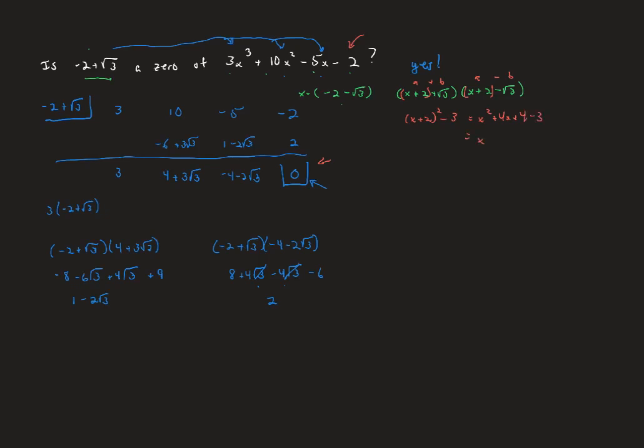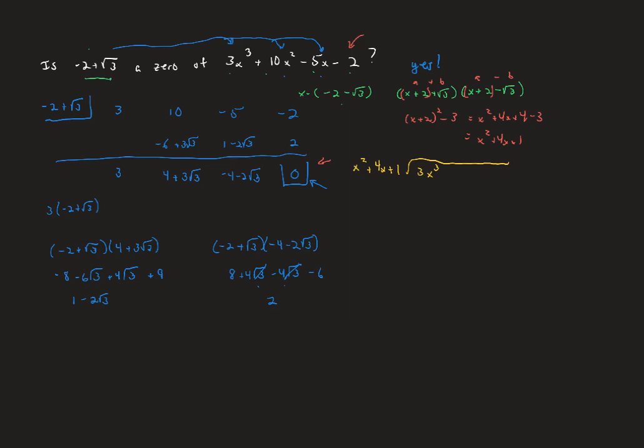So that's going to be x squared plus 4x plus 1. Now, if we can long divide this into our original polynomial, then if this has 0 for a remainder, both the negative 2 plus square root of 3 and the negative 2 minus square root of 3 are zeros, and if not, then they aren't.